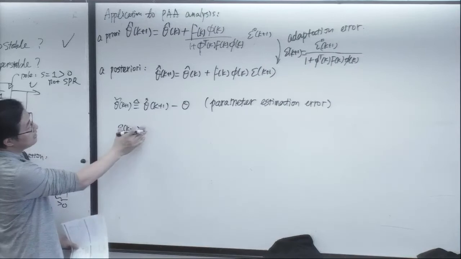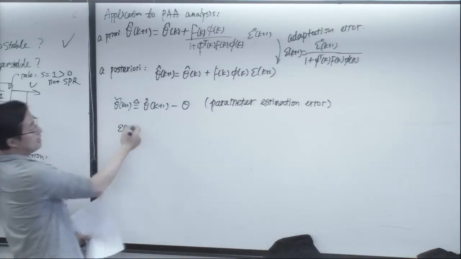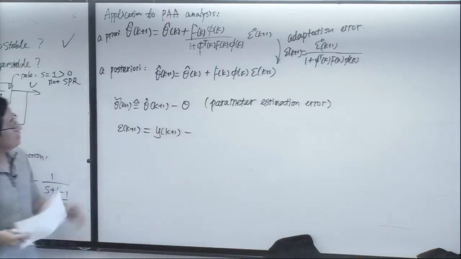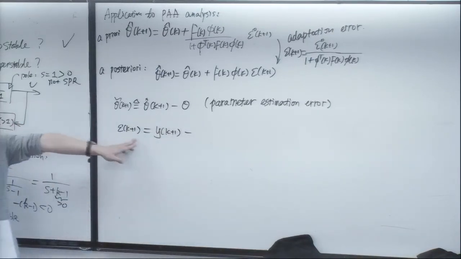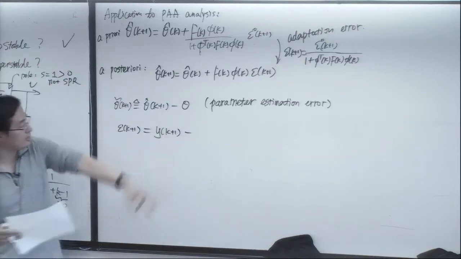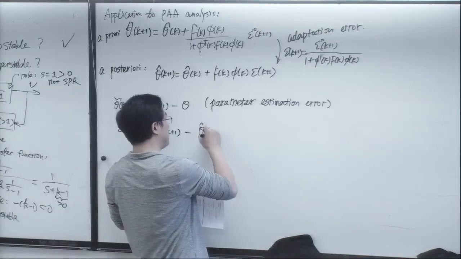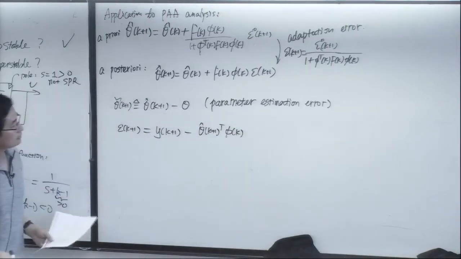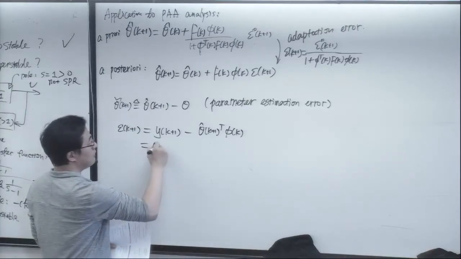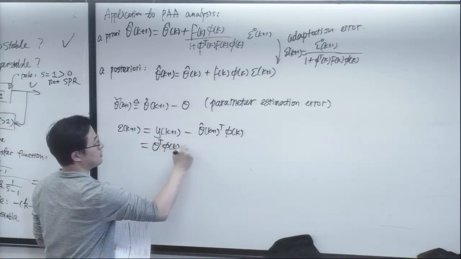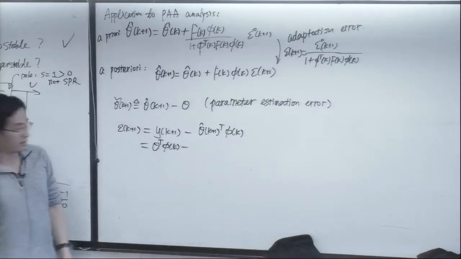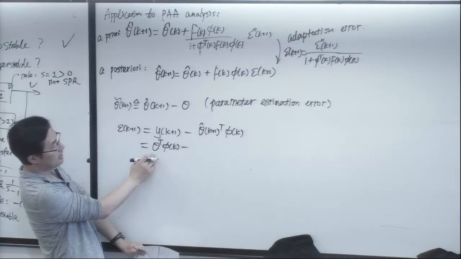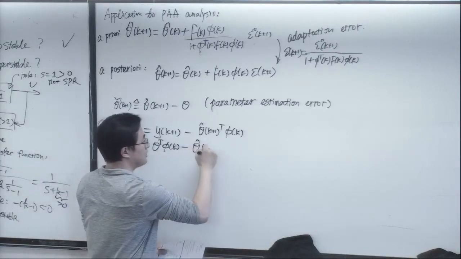So with this concept of theta tilde, we can see that the a posteriori adaptation error is going to be the true output minus theta hat k plus 1 times phi k. The true value is theta transpose phi k, the true y, not theta hat. And then the estimated is this.